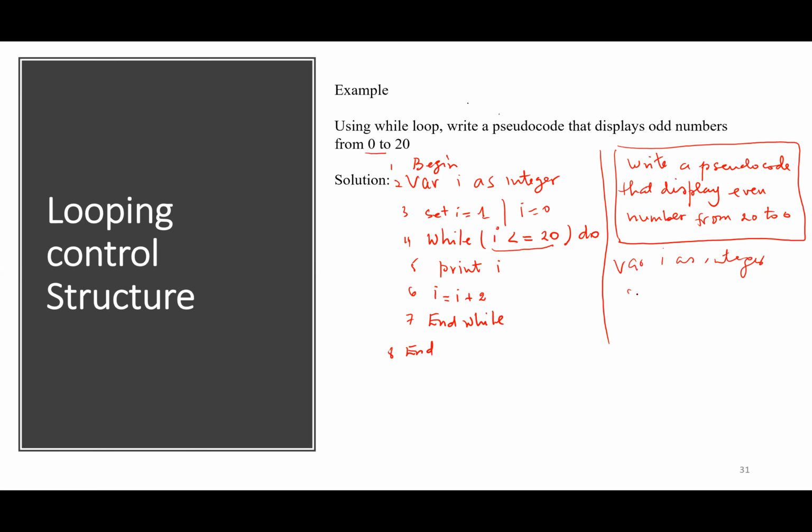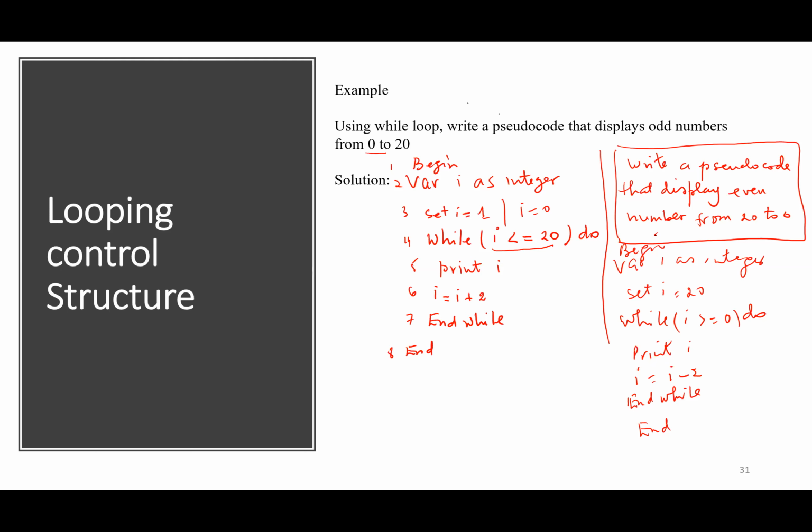Then we set I equals to 20. Then we say while I greater than or equal to 0, do. Then we print I, then I equals I minus 2, then we end while, then we end the program, which begins here. I think it's clear.